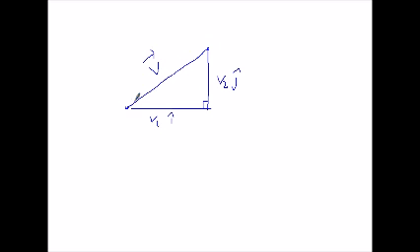The unit vector you can consider to be like the singular unit of space. So I want a distance of essentially 1 along this v vector. So a unit vector would be just this little piece here. This would be the unit vector.